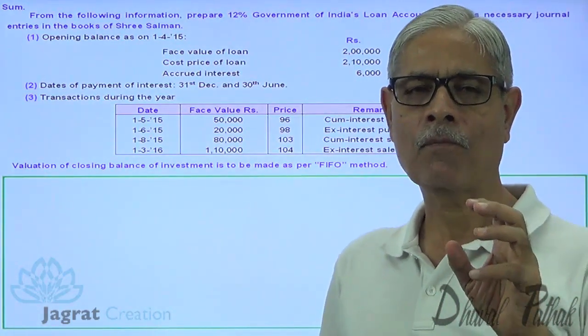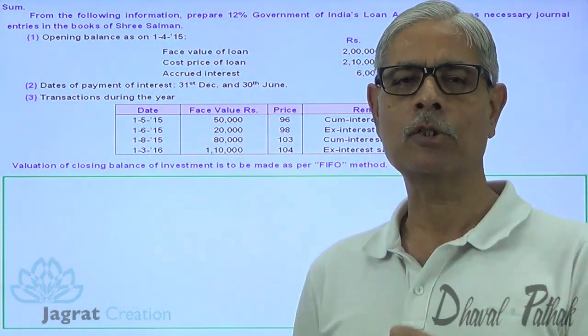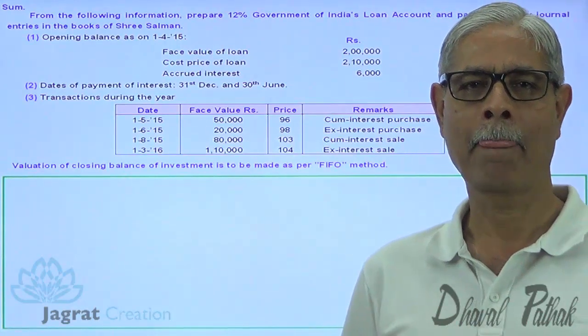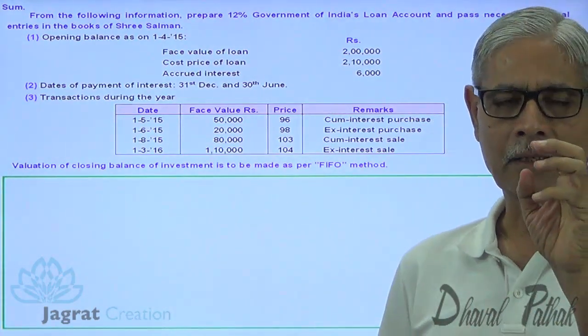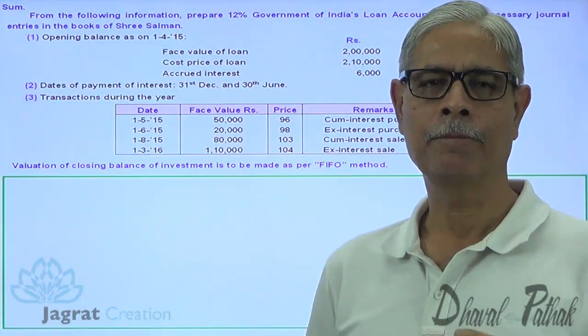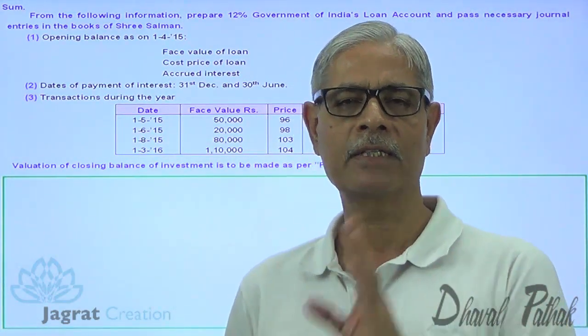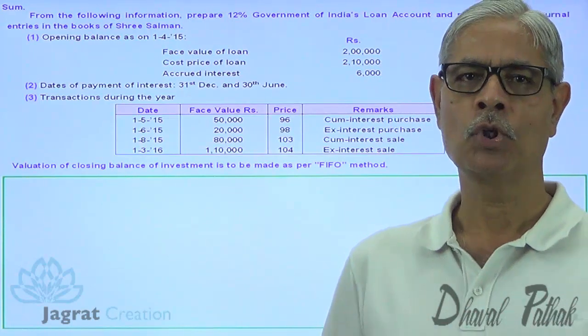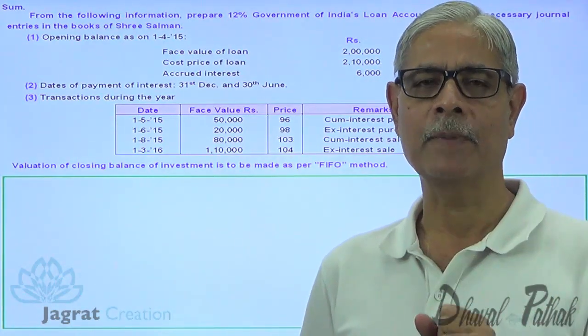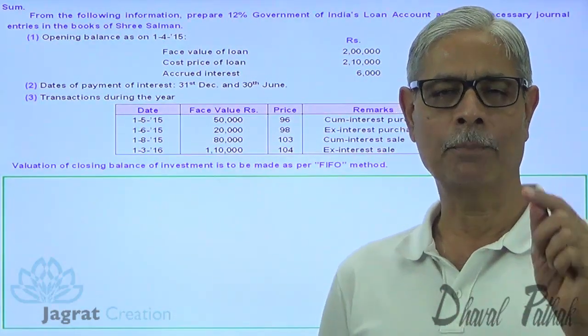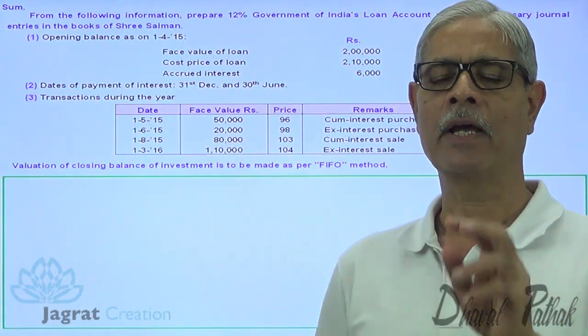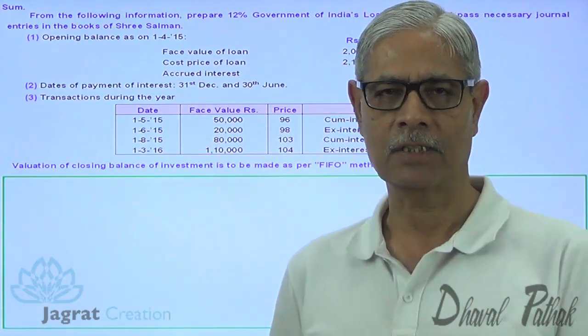Now see, the investment account is to be prepared to find out the profit or loss on sale of investment. So the purpose of this investment account is to find out the profit or loss on investment transactions.